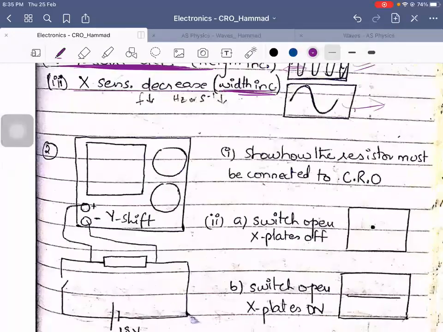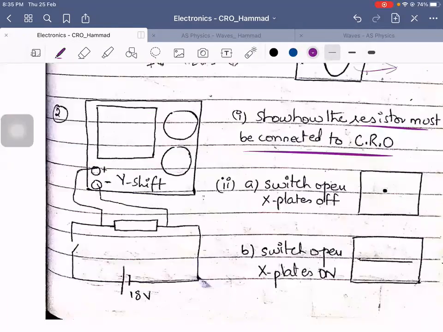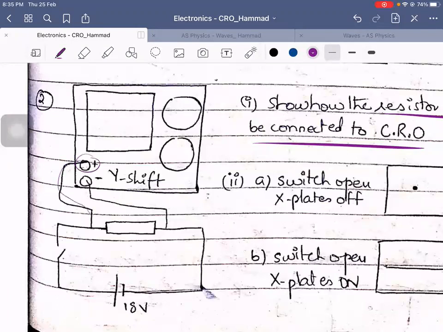Show that the resistor must be connected to a CRO. Simply, you took the positive part of the CRO and connected it to the area which was connected to the positive part of the battery. And similarly, the negative area was connected to the negative part of the battery, right?